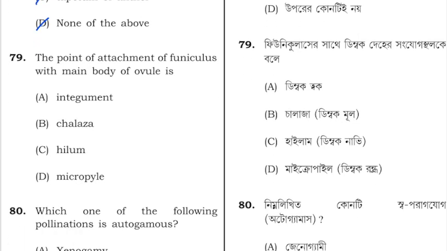Next is, the point of attachment of funicle with the body of ovule is known as, A is integument, chalaza, hilum or micropyle. So the region where this funicle and the ovule is attached is known as hilum. The option C is correct.